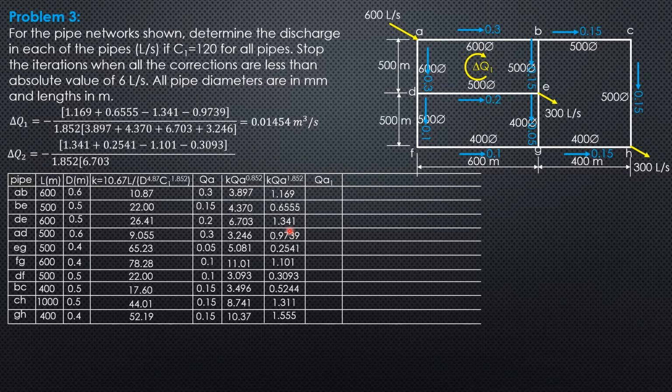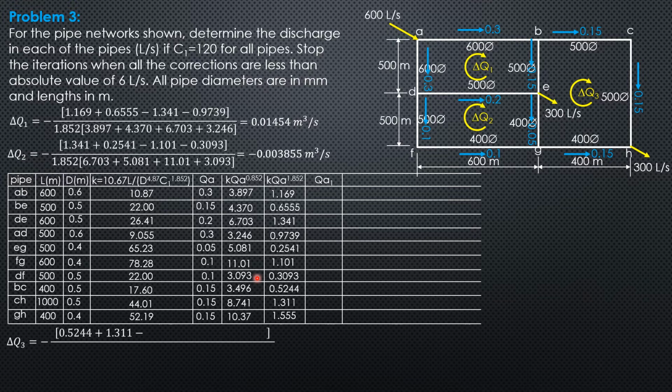So negative of quantity DE 1.341, EG 0.2541, then minus FG, FG is 1.101, then minus DF, DF is 0.3093, divided by 1.852 quantity: for DE 6.703, for EG 5.081, for FG 11.01, for DF 3.093.